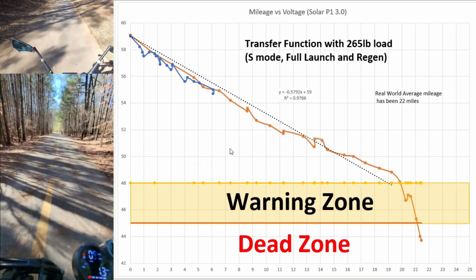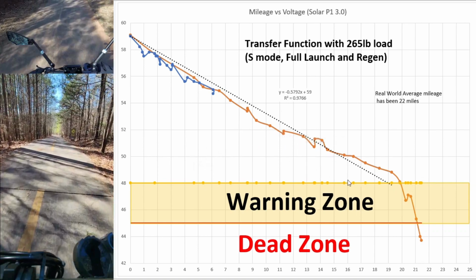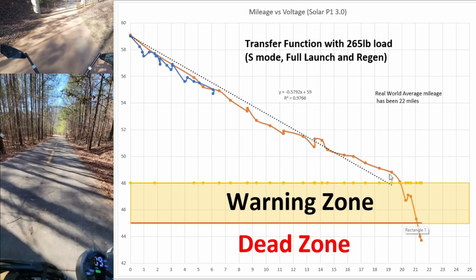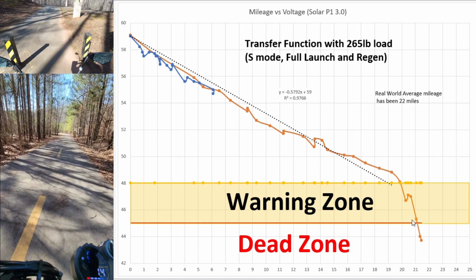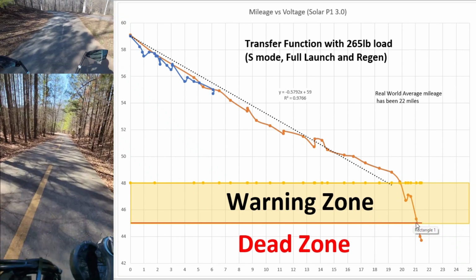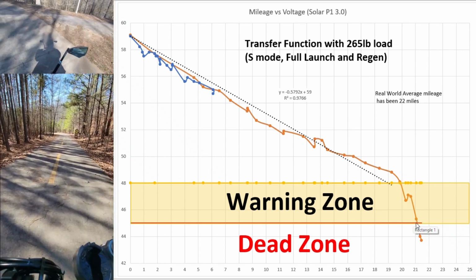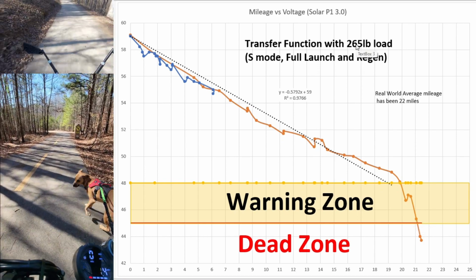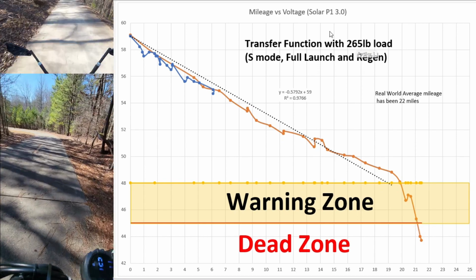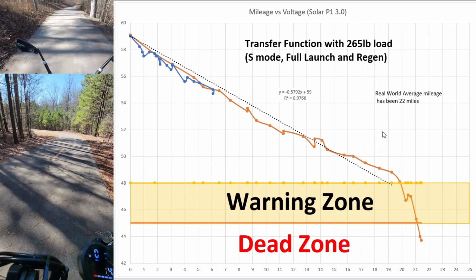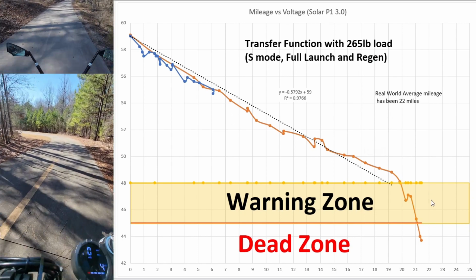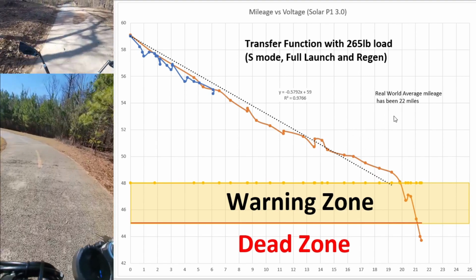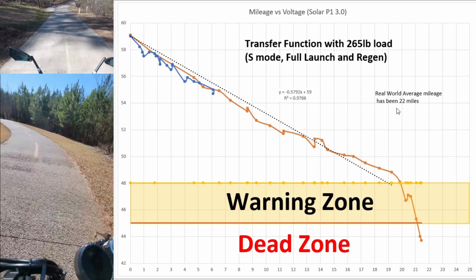Okay. So looking at all this, pushing it all the way, I could get about 21 miles with the 265-pound load on the Solar P1 3.0. Now, this is just from one data point. I took a few data points and averaged them, and in the real world, I'm getting about 22 miles.